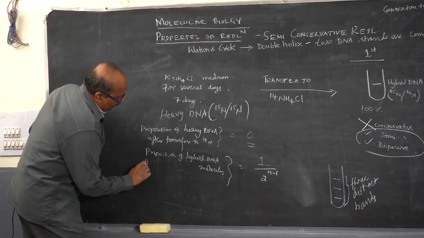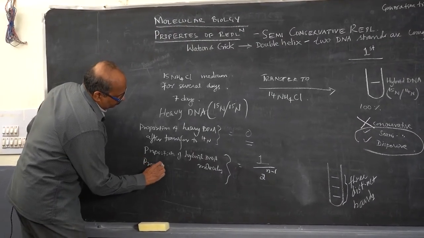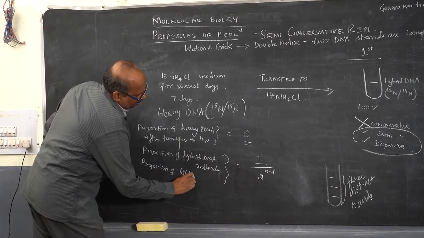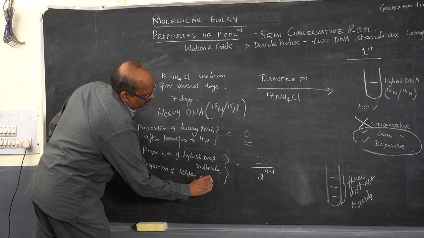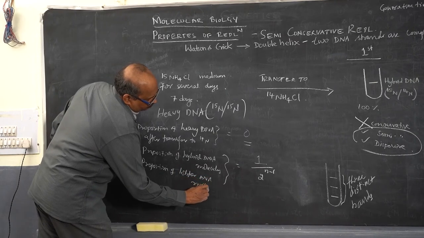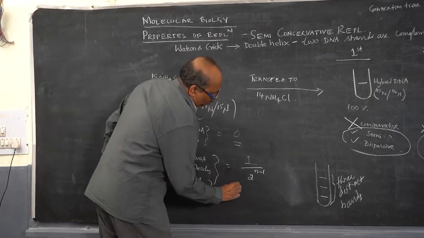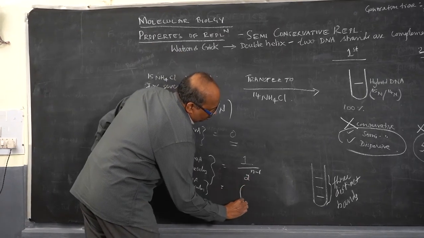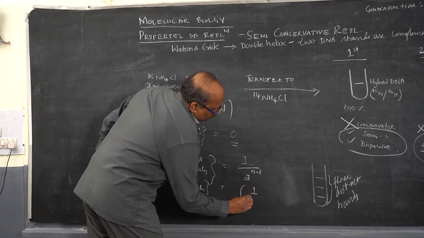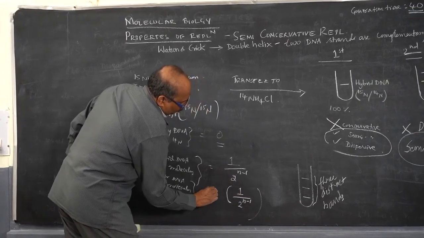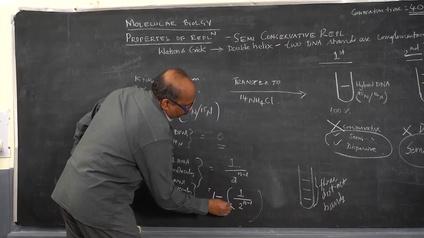What about the lighter DNA? The proportion of lighter DNA molecules: we know this is the hybrid DNA, and the total DNA is 1.